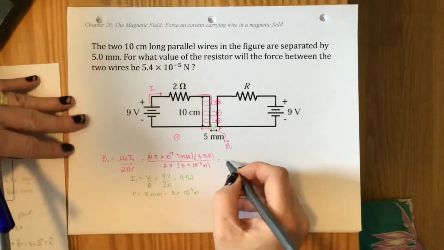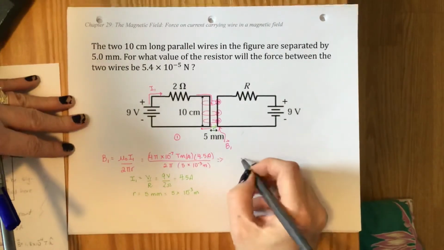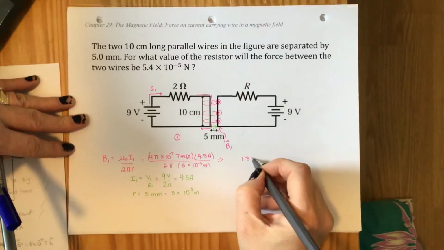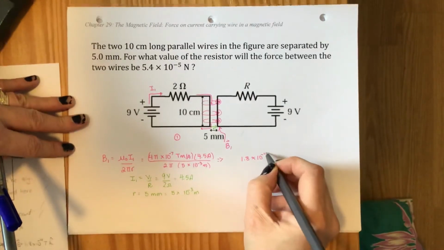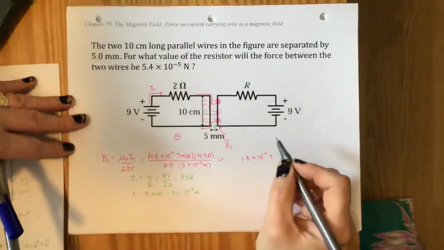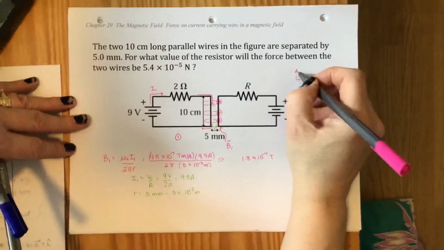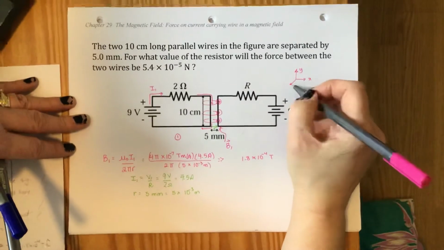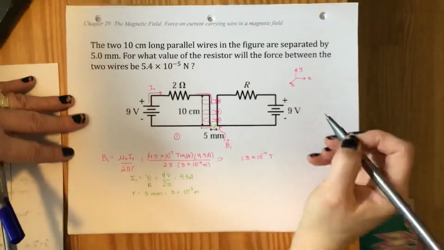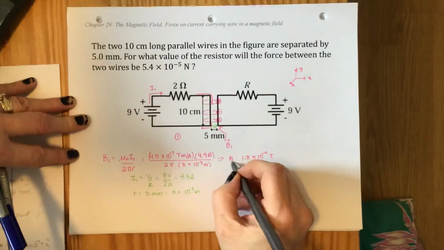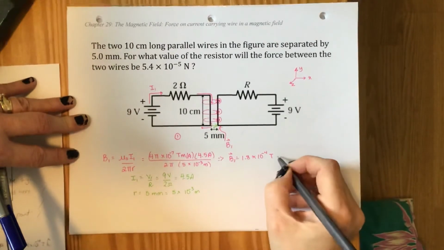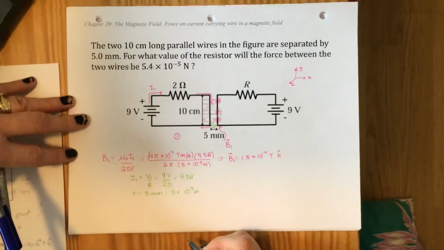And what we get for our magnetic field is the magnitude is 1.8 times 10 to the minus 4 Teslas. For the direction of the magnetic field, we see that it's pointing out of the page. So if we take X, Y, and Z the usual way, out of the page would correspond with Z. So B1 is this magnitude with the direction of out of the page.